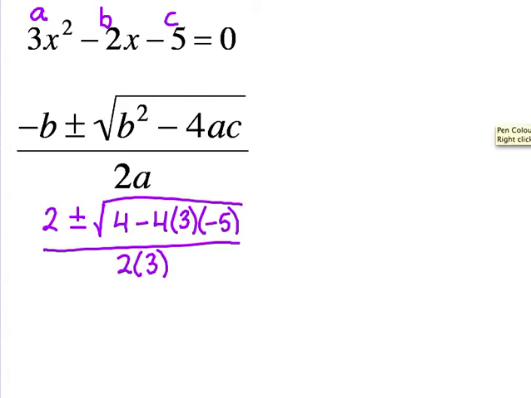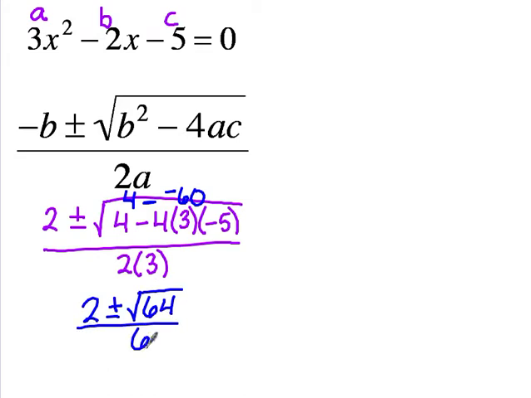So on the top we get 4 minus, what is 4 times 3 times negative 5? Negative 60. So really I have 2 plus or minus what? Oh, 64. 64 all over 6.